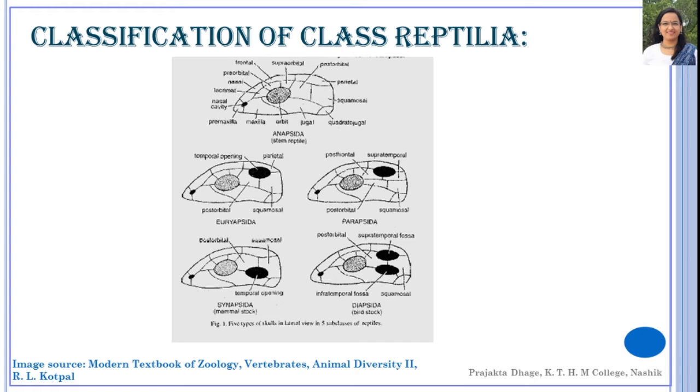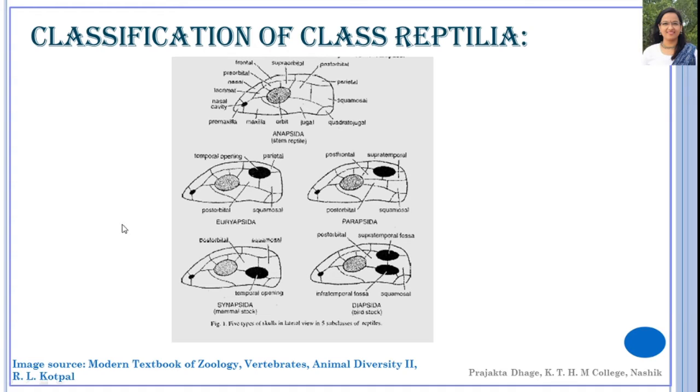Now let's see about the Synapsida. In Synapsida, a pair of temporal vacuity will be bounded by postorbital and squamosal from above. So you have a postorbital and squamosal above, and below you are going to have the jugal and the squamosal. And Diapsida, very simple.